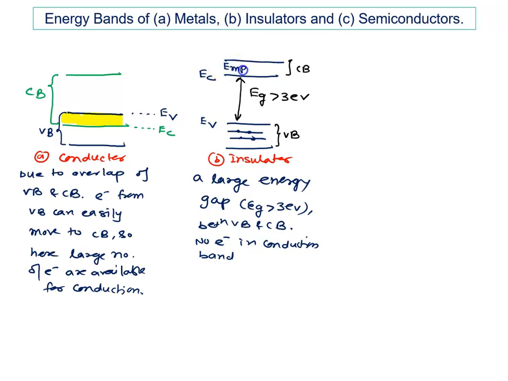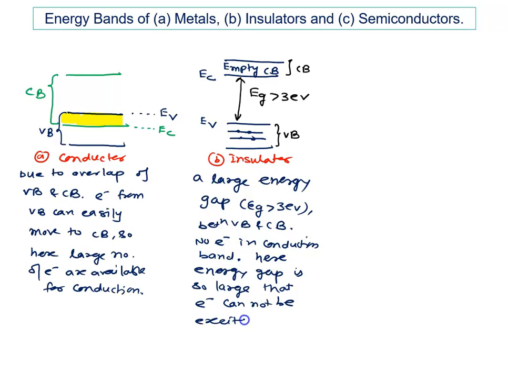Here the energy gap, that is Eg, between valence band and conduction band is so large that electrons cannot be excited from valence band to conduction band by thermal excitation.